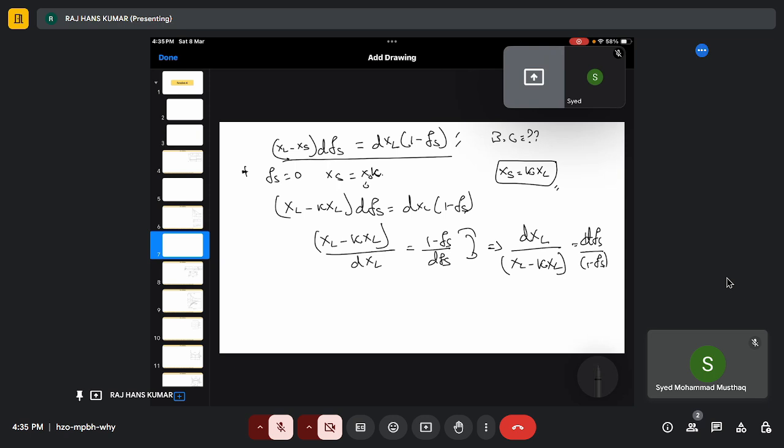Now if I take XL outside, then I will remain with 1 by 1 minus K, and ln XL will be equal to ln 1 minus Fs.